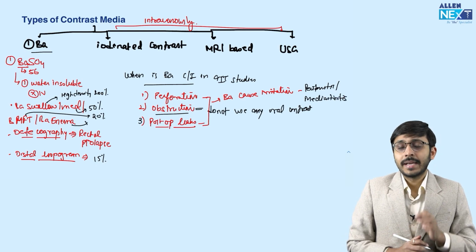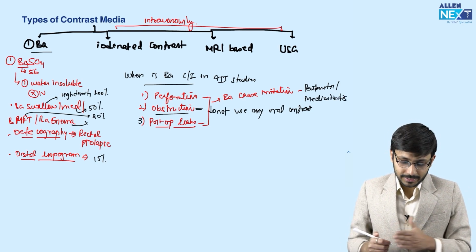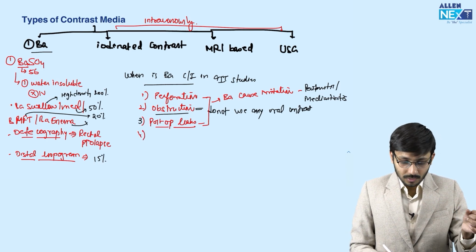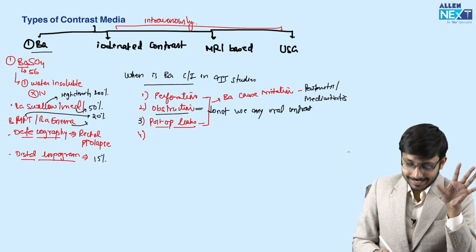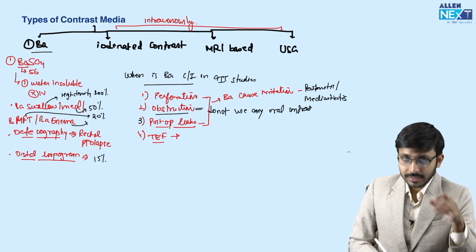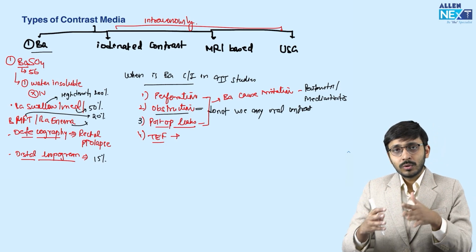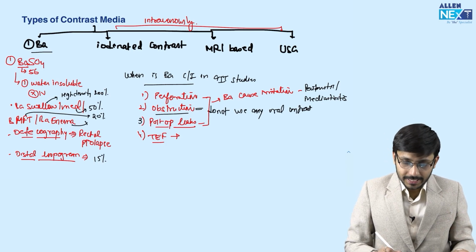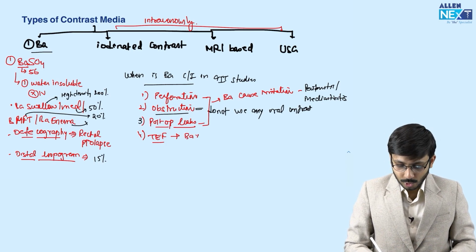Okay, so barium is not used in perforation or suspected bowel leaks. And also in barium swallow, if you are doing it in a suspected TEF case, here also, because of the risk of aspiration into the trachea and the lungs, barium is contraindicated. So in TEF cases also, barium is not used.